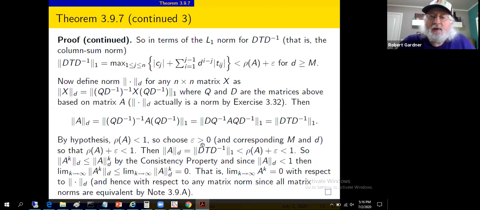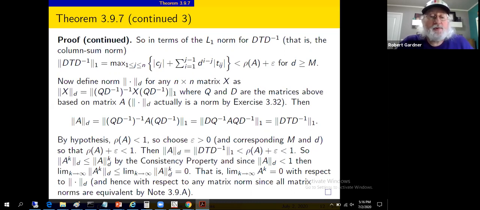So choose an epsilon and a corresponding capital M and a corresponding parameter D that we had up here, such that rho of A plus epsilon is still less than 1. There's a little bit of room between the spectral radius and 1. Pick epsilon so small that we have the spectral radius plus epsilon still less than 1. There's room because there's space between those two numbers. Pick epsilon sufficiently small for that to hold.